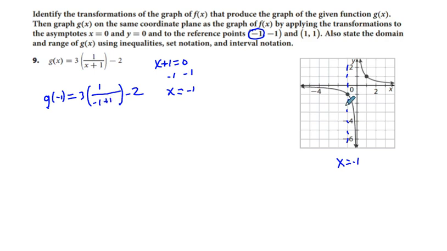What we're doing is moving over, and that's going to put us right on that vertical asymptote. So we're taking this point, negative 1, comma negative 1, and we are shifting it to the left.